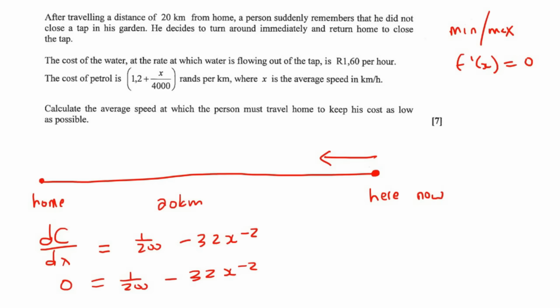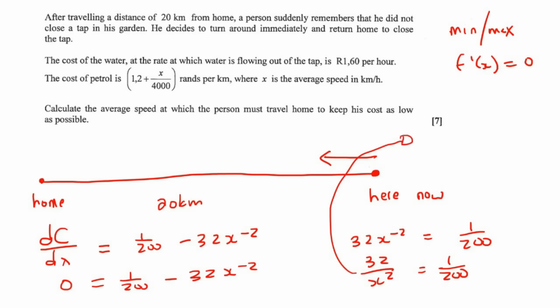So I'm going to take the 32x to the minus 2 to the left. I'm then going to put the x back at the bottom. I'm then going to do cross multiplication. So the x squared is going to go up there, and the 200 is going to go over there.